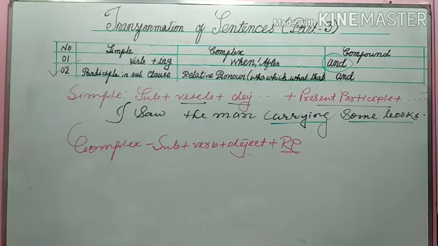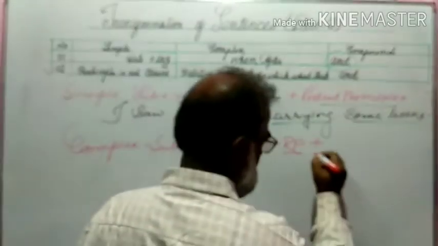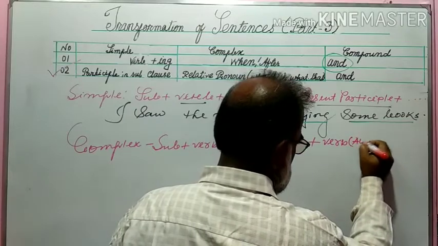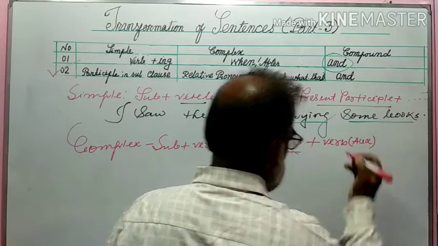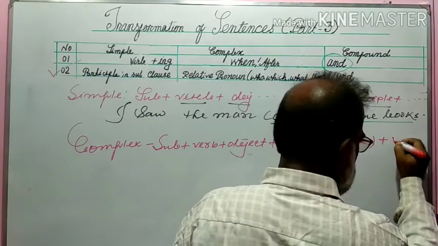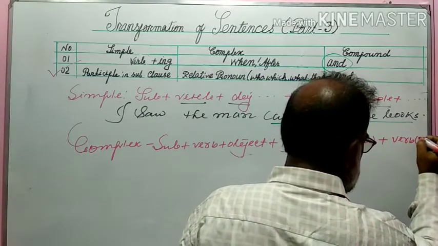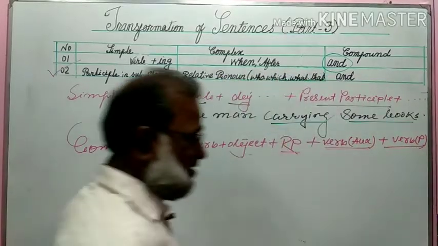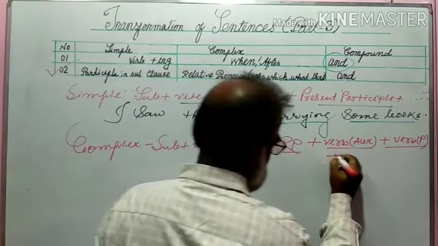RP means relative pronoun, and then verb, most of them auxiliary verb or principal verb, or if there is no auxiliary, there will be principal, plus extension.